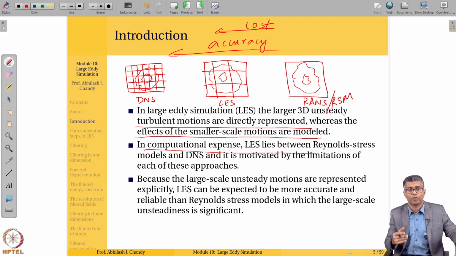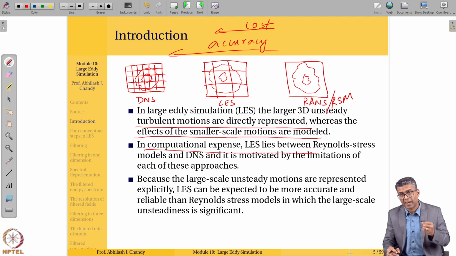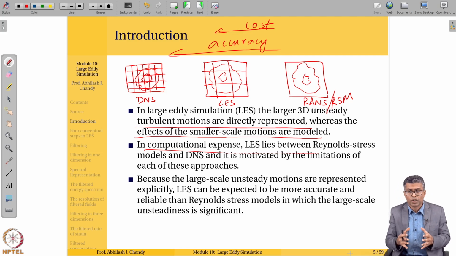At the same time, we don't want to be as bad, for lack of another word, as RANS, because we want it to be reasonably accurate. We are willing to spend some computational effort on the approach. So we don't want something that is computationally cheap like RANS, and we don't want something as badly accurate as RANS is. So we want something in between.